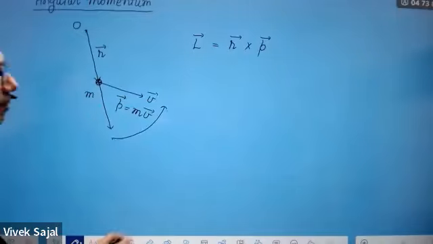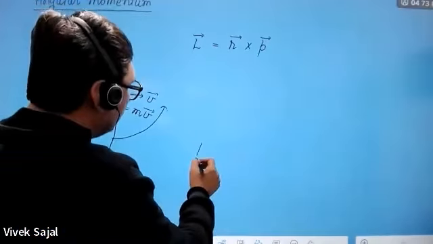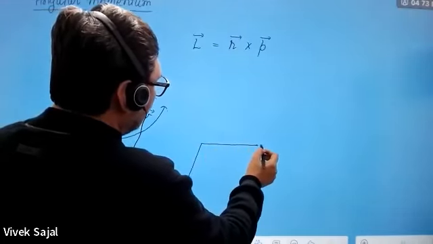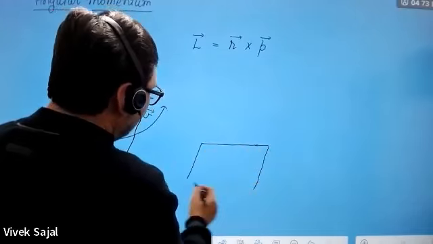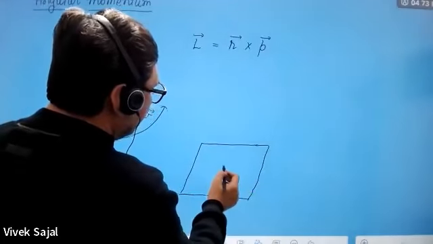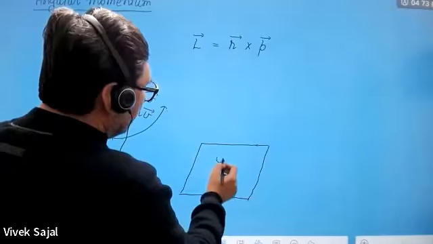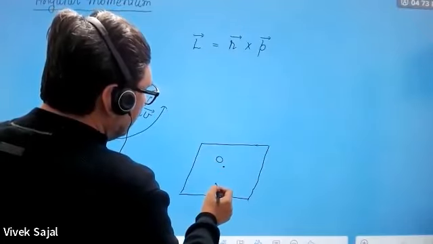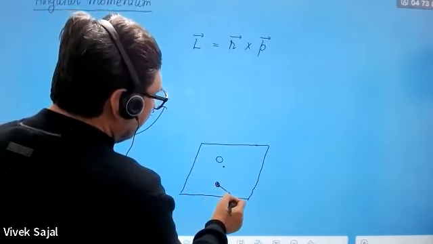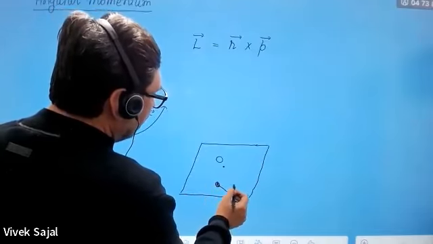Suppose this is a plane; here I can show you in a much better way where you can observe. Try to understand, this is the origin, and suppose here we have a particle of mass m. It has some velocity v like this.